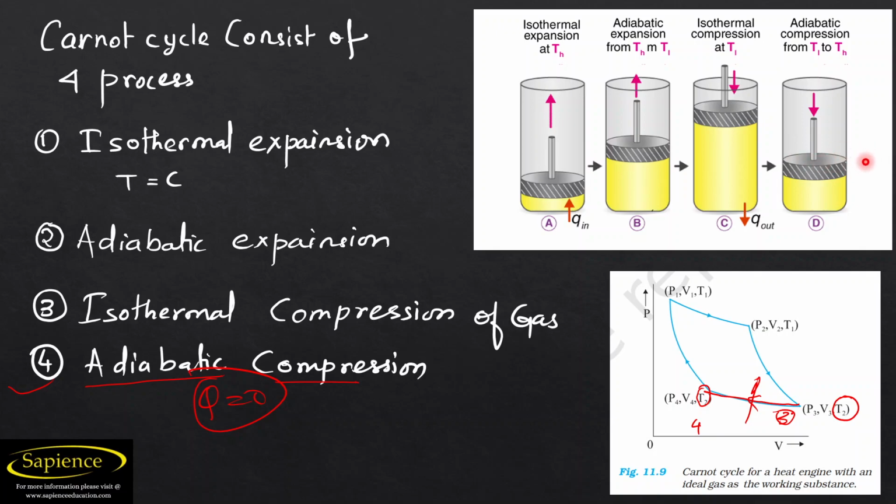See, in this system no heat is going outside, but there is only a Q in and Q out in processes A and B. But in this last process there is no exchange of heat. That's why it is known as adiabatic compression. I hope you have understood all the four processes. First, process 1 to 2 is isothermal expansion, 2 to 3 adiabatic expansion, 3 to 4 isothermal compression of the gas, and 4 to 1 adiabatic compression.